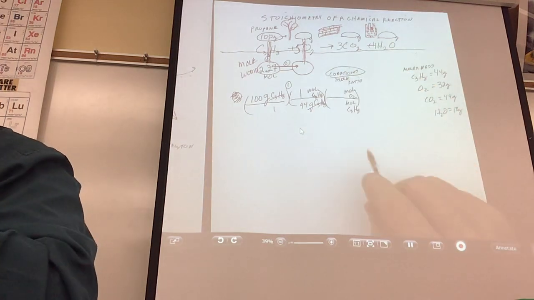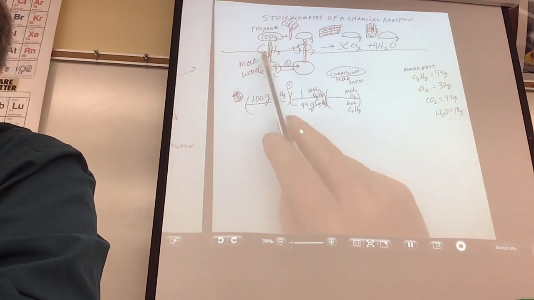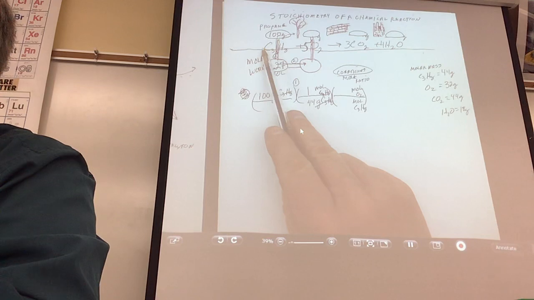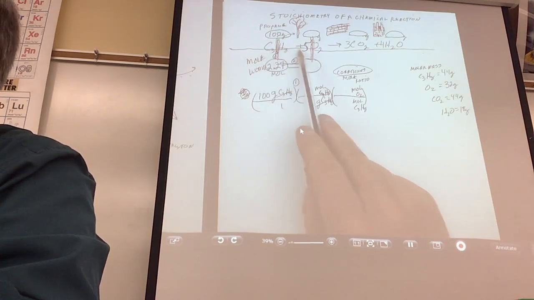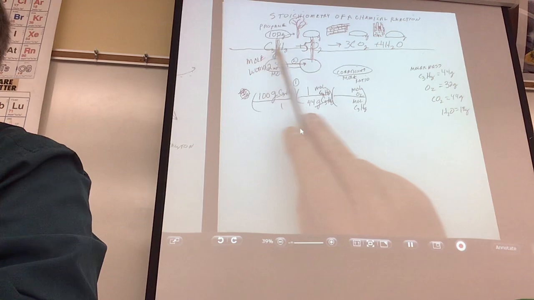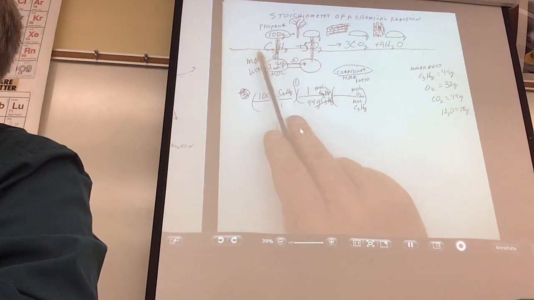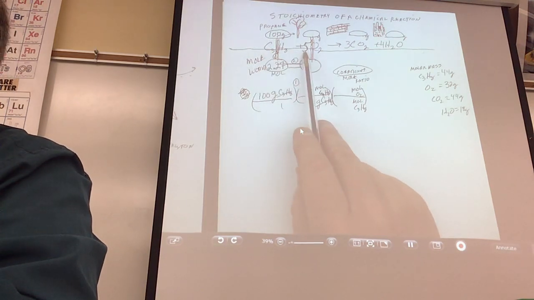Now, I didn't do this. God did this, okay? Here's what God did. God said, can 1 mole of this react with 1 mole of that? He said, no. No, my plan is not for 1 to 1. Can 1 mole of that react with 2 moles of that? No. If you want 1 mole of that to completely react with oxygen, you better give me how many?